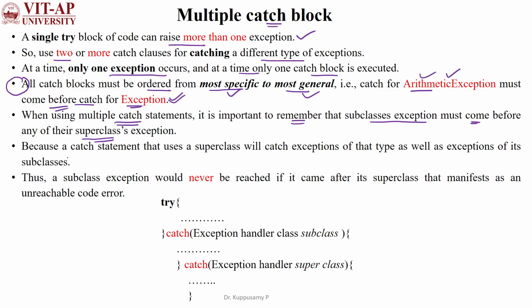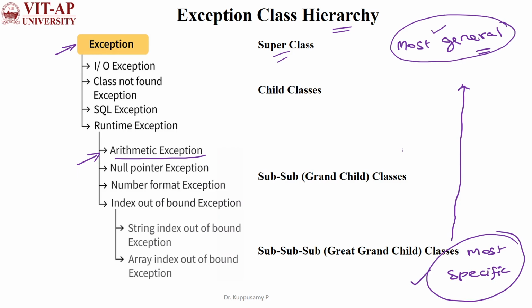Then why do we do this? Because a catch statement that uses a superclass will catch exceptions of that type as well as exceptions of its subclasses. That means if you use the superclass initially in the first catch block itself, then it overrides all these subclasses.